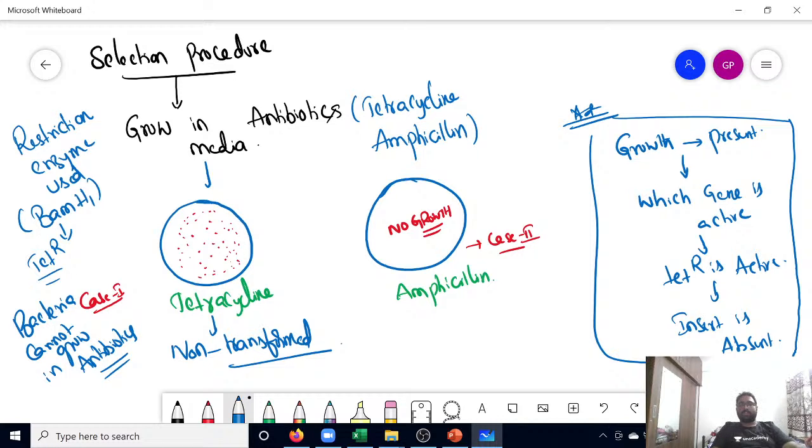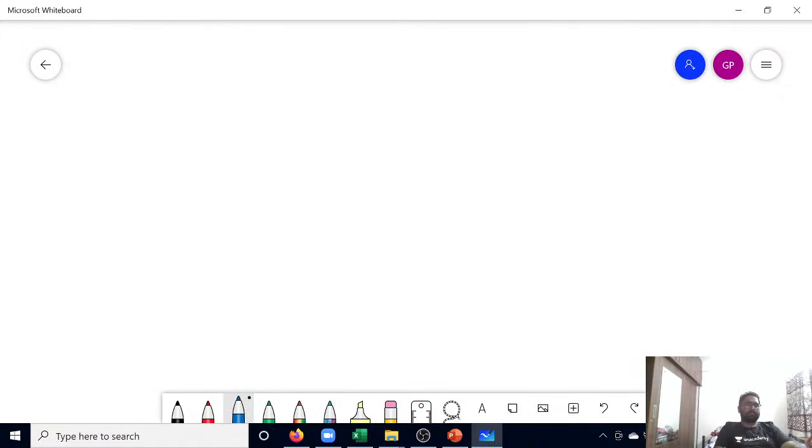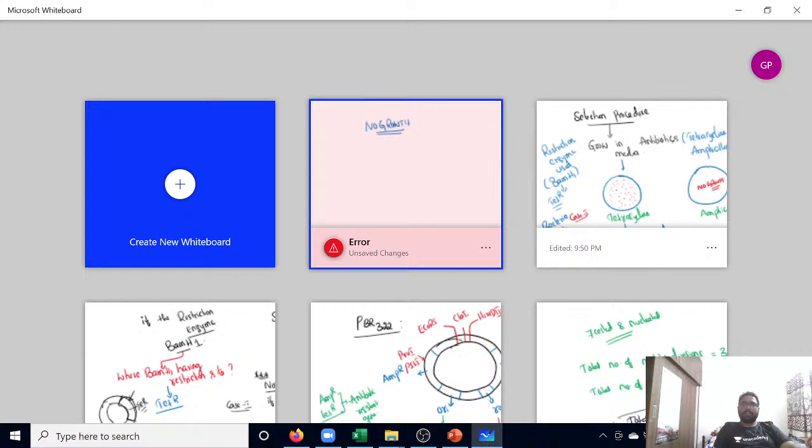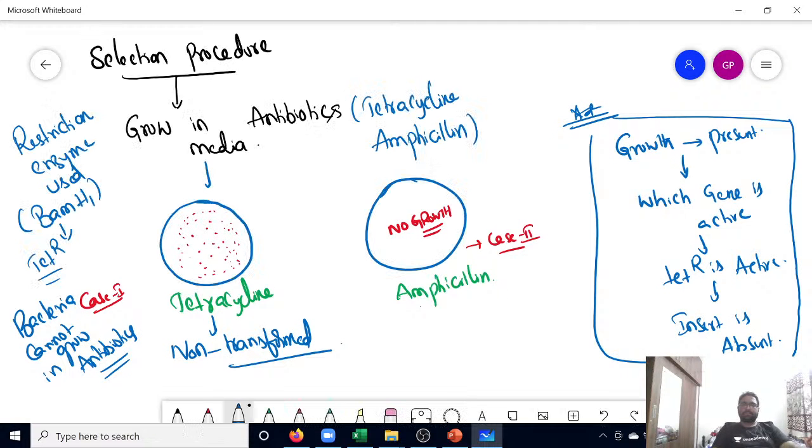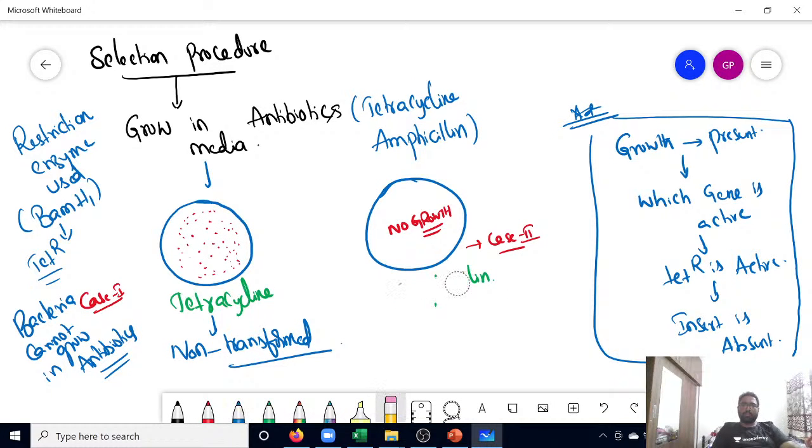Now, no growth. Tell me, for no growth, what will be the reason? Okay, a small point you have to think. Small point, you have to make a correction here.